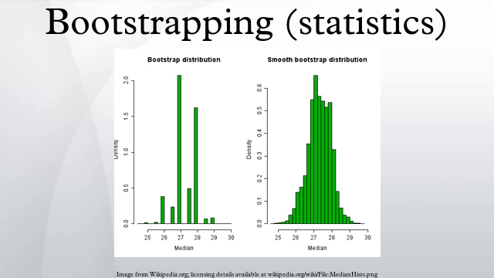Further reading: Diaconis, P. and Efron, B. Computer-Intensive Methods in Statistics. Scientific American, 116-130. A popular science article. Efron, B. Nonparametric Estimates of Standard Error: The Jackknife, the Bootstrap and Other Methods.